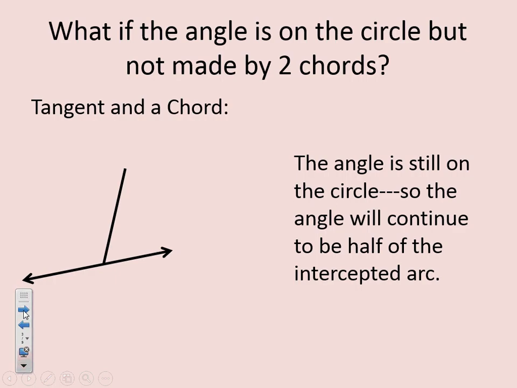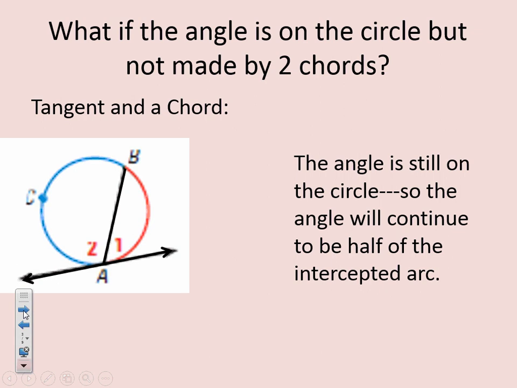So what if the angle is on the circle but not made by two chords? You'll see this is the one formed by a tangent and a chord. Notice that the tangent and the chord make an angle down here, angle 1 and angle 2.